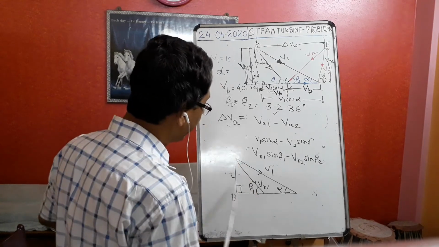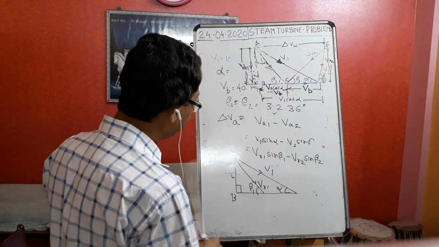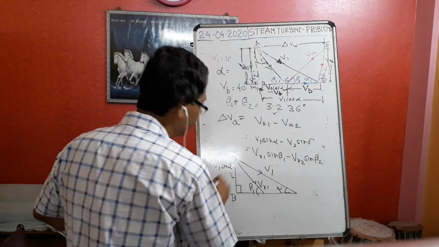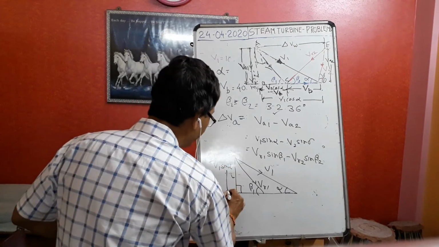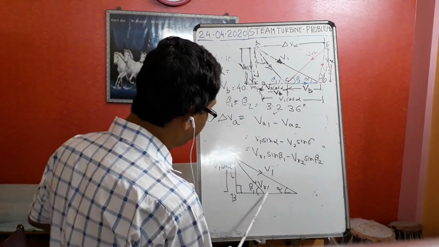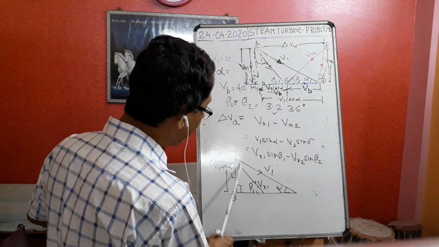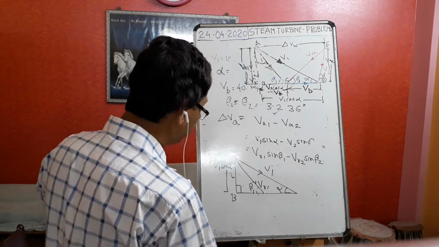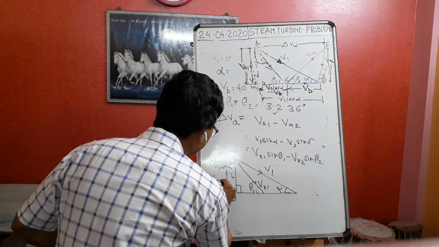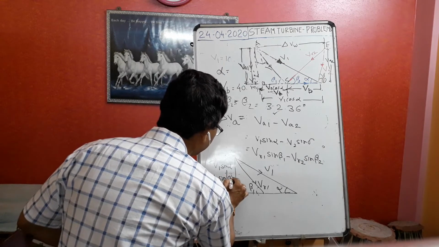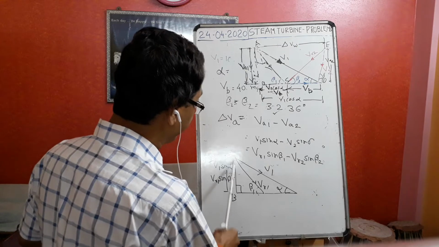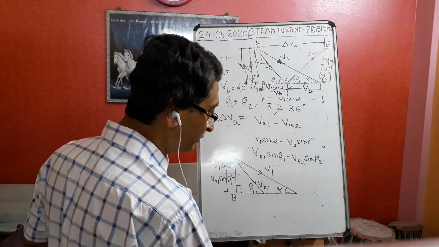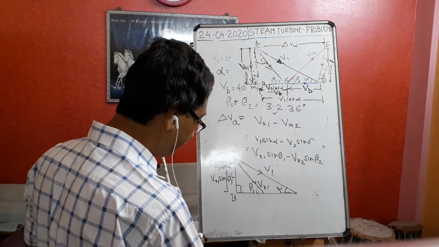V1 sin alpha হবে না? এবার যদি আমি ছোট ট্রায়াঙ্গেলটা নিই, তাহলে এটা বিটা 1, এটা VR1, তাহলে এটা VR1 sin beta 1। কিন্তু দুটোই তো একই জিনিস রিপ্রেজেন্ট করছে। তাহলে V1 sin alpha and VR1 sin beta 1 same.